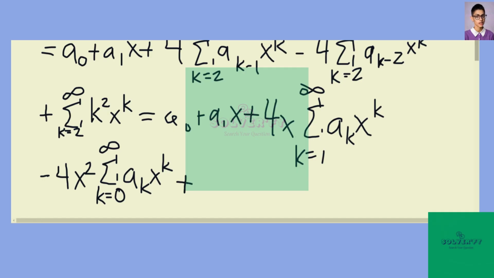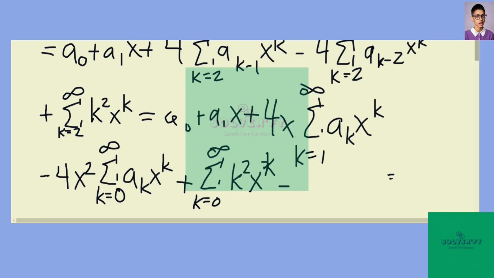And plus, now we substitute t = k - 2, or instead of t = k - 2, simply write this as the sum from k = 0 to infinity of k^2 x^k, minus, and then 0.